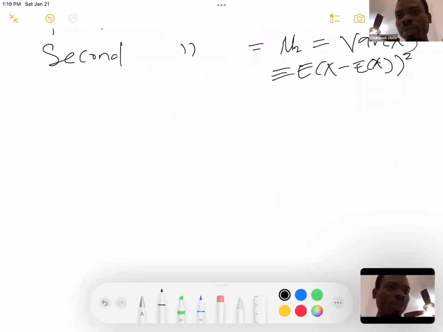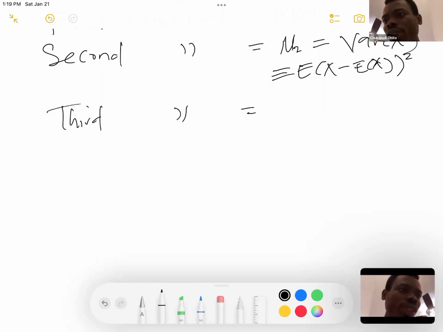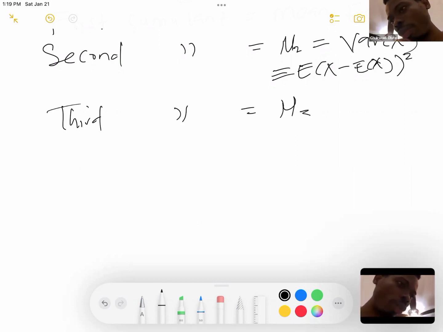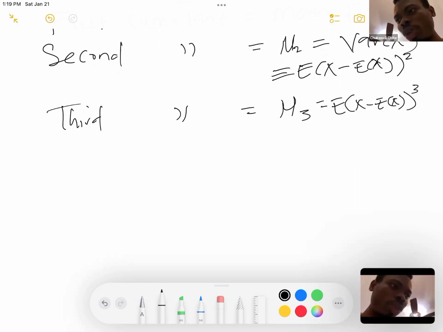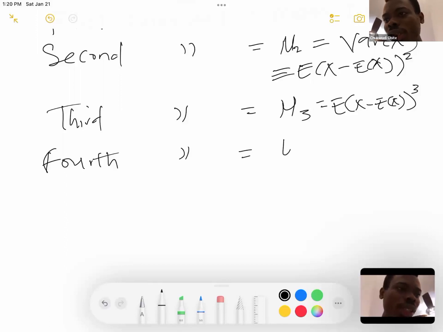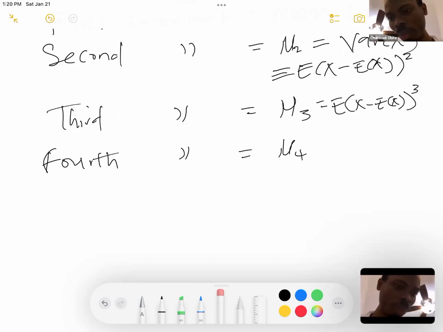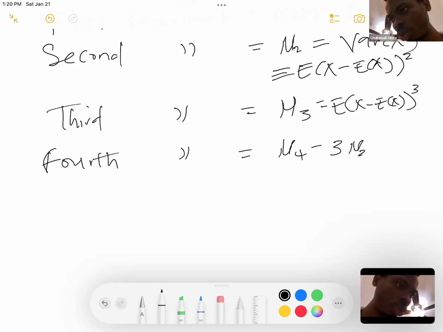Then the third cumulant is the third central moment, which can be written as the expected value of X minus the expected value of X, all raised to the power 3. The fourth cumulant is mu4 minus 3 mu2 squared.